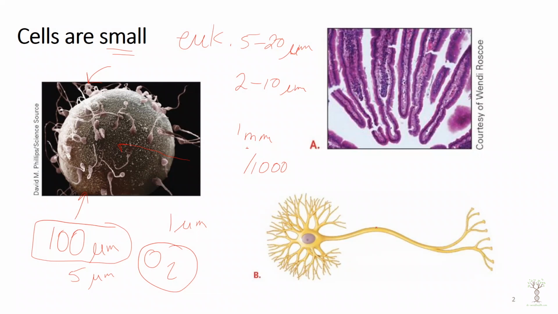Also, a neuron can be more than 1 meter long. They can be very long because they are still very small in diameter. So even though this neuron could be 1 meter, the diffusion distance for oxygen is still very small because there's a lot of surface area. This diagram is showing the increased surface area of microvilli in an intestine.